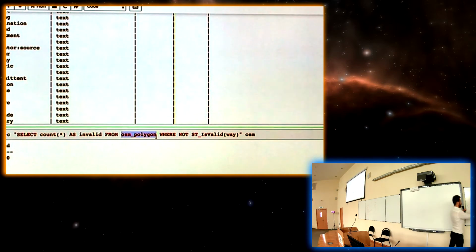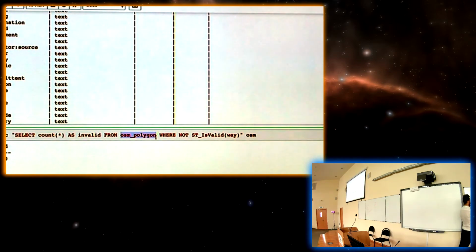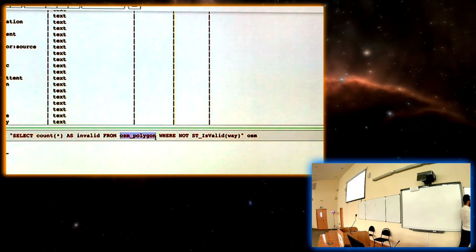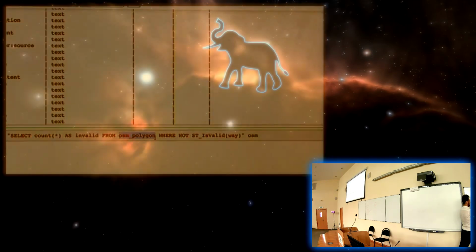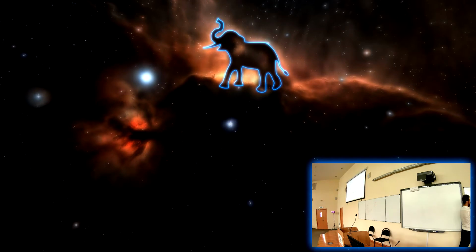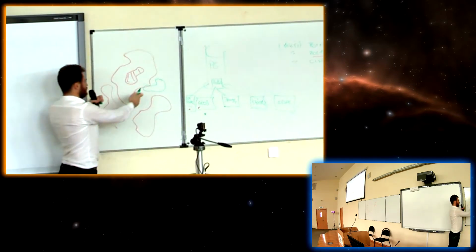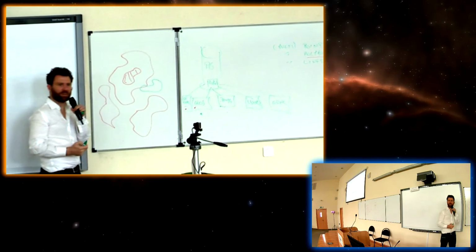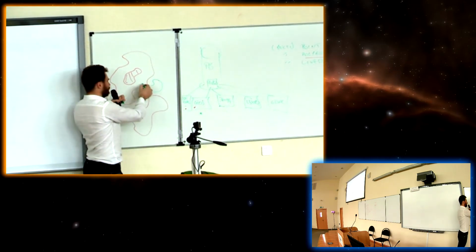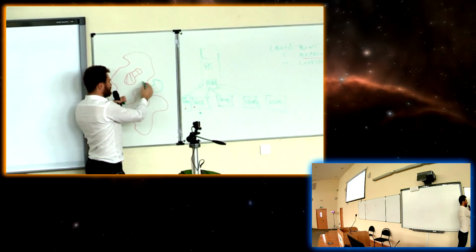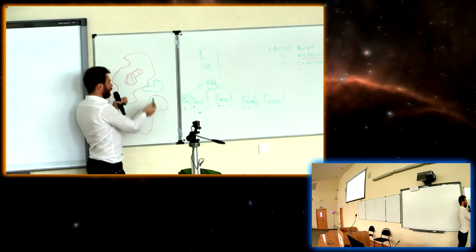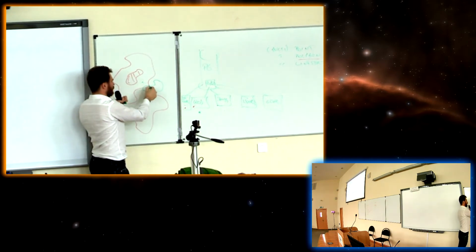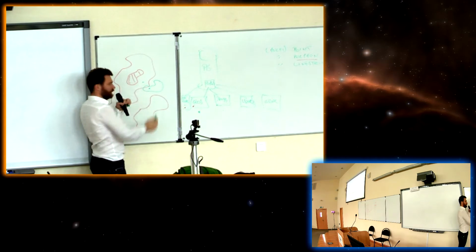For instance, if you have a geometry here that touches with one point another geometry like that, this is not allowed because from a topology point of view, we can't know if we are inside or outside.